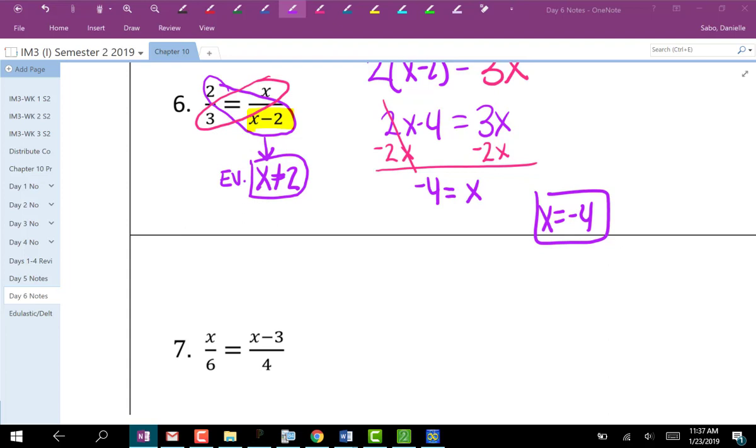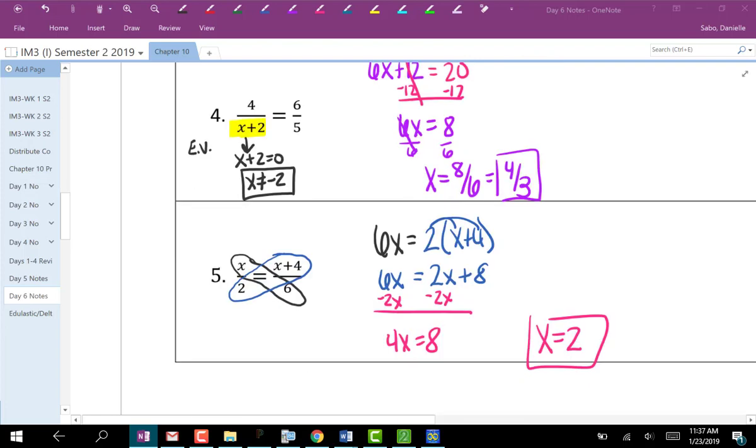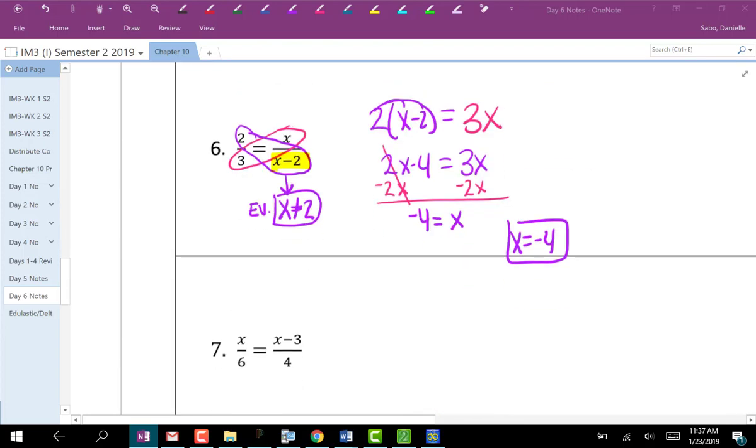Okay, let's do it again. Same thing. I want you guys to do actually number 7 because it's the same setup as the ones we've been doing. Number 7 is the same setup. Number 7 is like exactly like number 5.